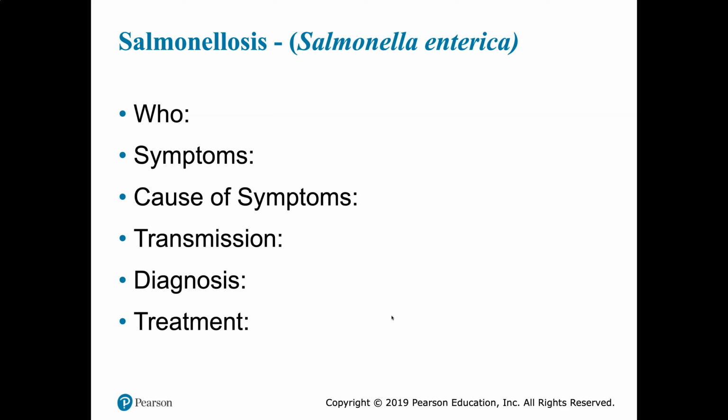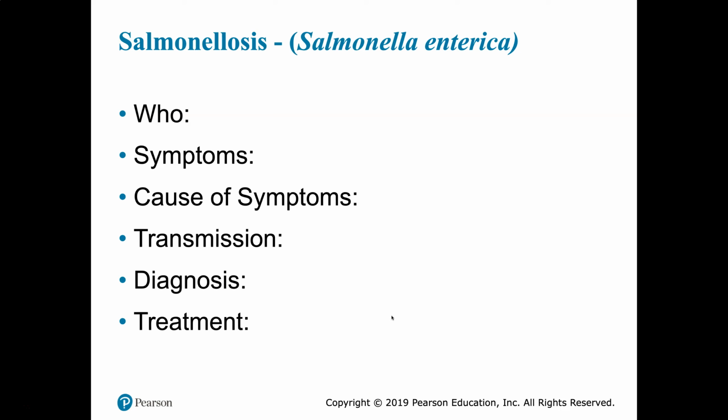Young kids who don't do this very well can have a problem. So, kids in daycare, just kids that are around each other on a regular basis. This is kind of common. Undercooked, as I said, contaminated meat and eggs.